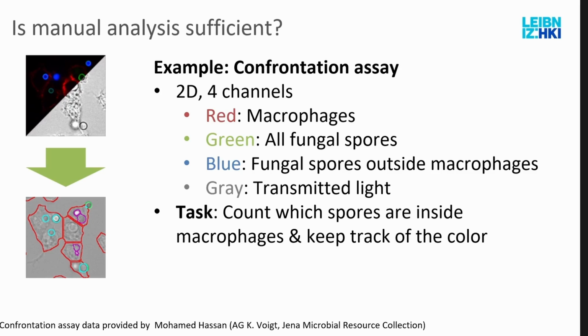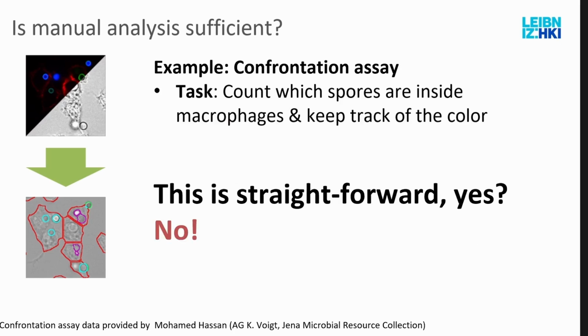The task, at least in this specific published data set, was to count which spores are inside the macrophages, and keep track of the color, because we really need the color to know for 100% sure if it is inside or outside. And you can absolutely count this manually.